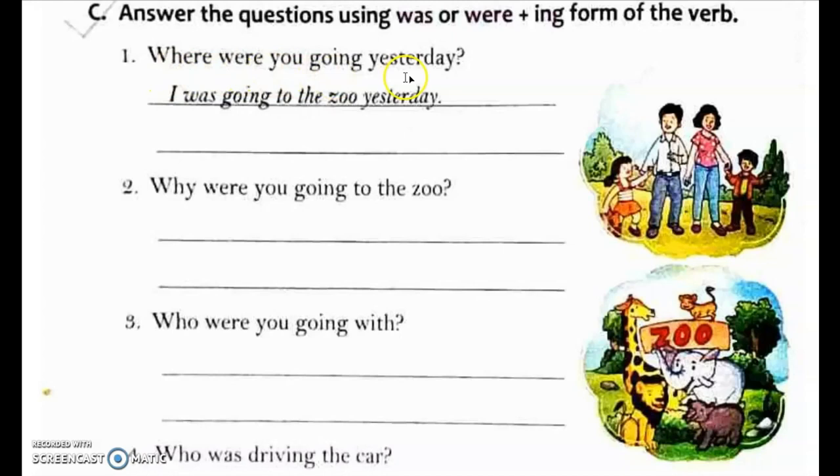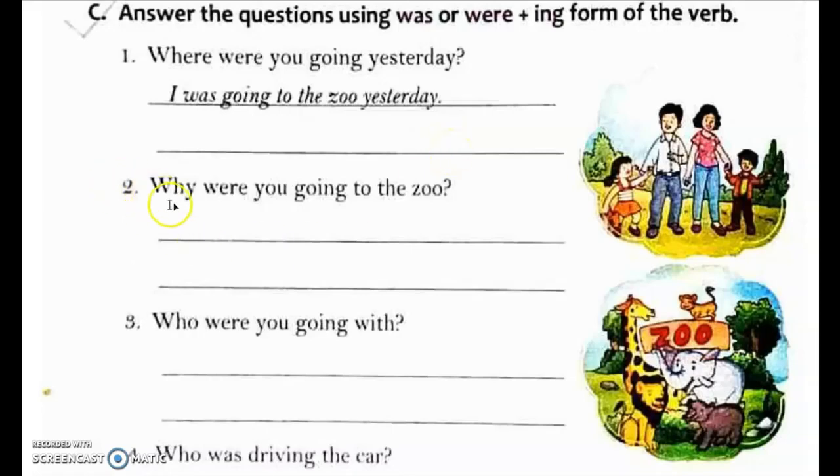Where were you going yesterday? I was going to the zoo yesterday. So here you have to assume that you were going to the zoo yesterday, and whatever questions are being asked, you will write the answers according to that.